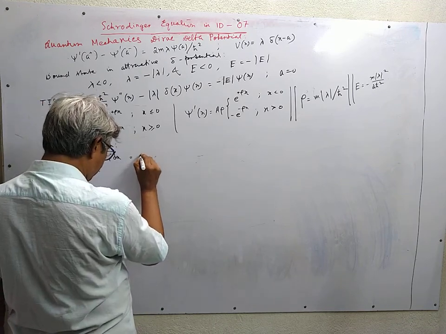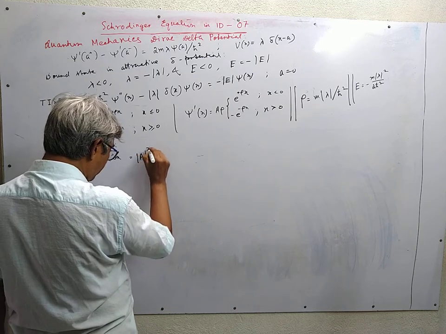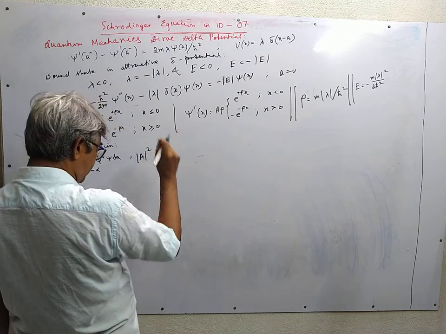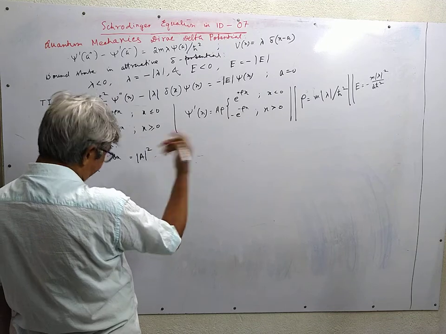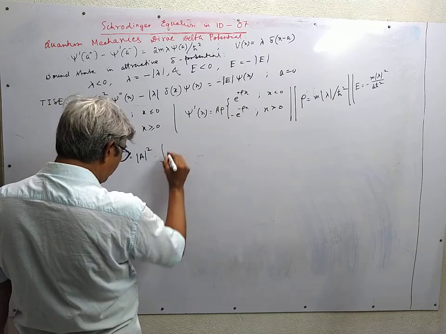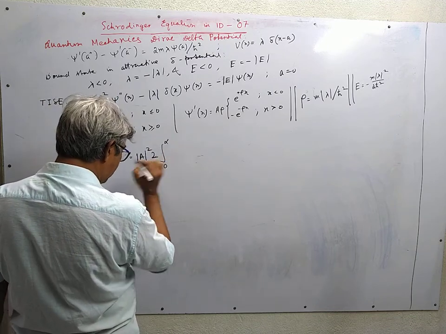So we write A modulus square, and the integration is from minus infinity to 0 and then 0 to infinity, which we write as twice of this.